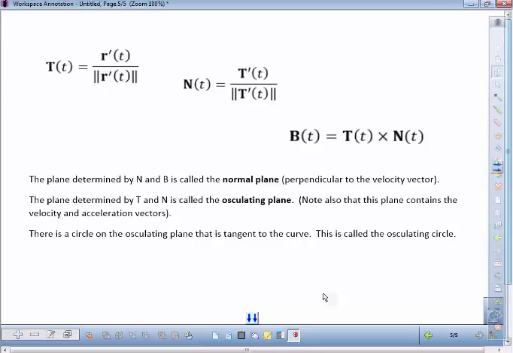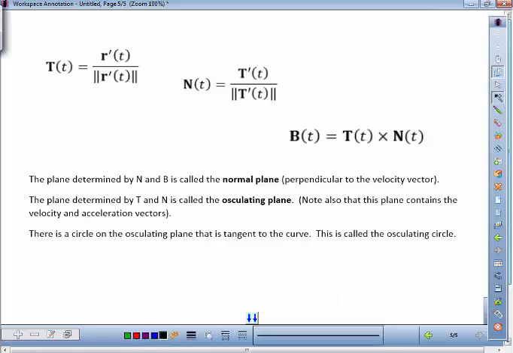So you're probably reading down here the osculating plane and the osculating circle. What's the osculating circle? It's a circle that lies on the osculating plane, but it also is what? It's a tangent circle. So the tangent circle that we were looking at in 2 dimensions can also be explained in 3 dimensions.